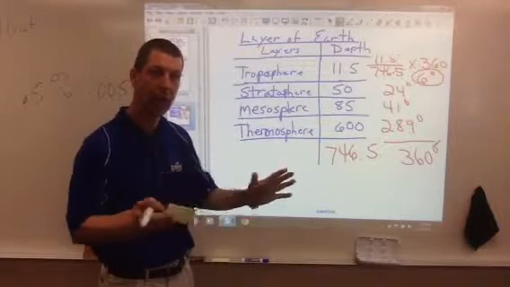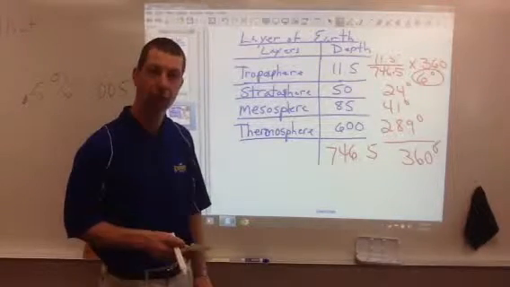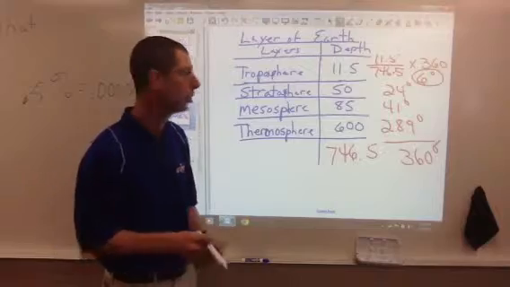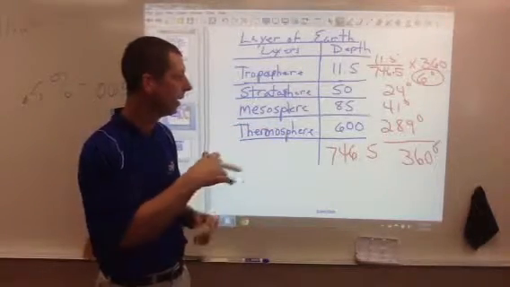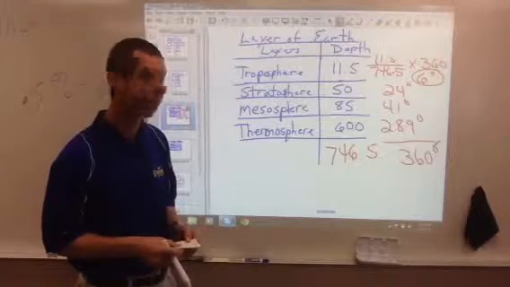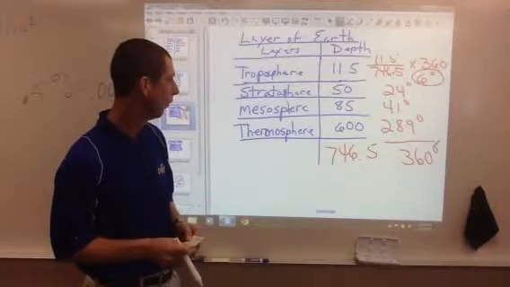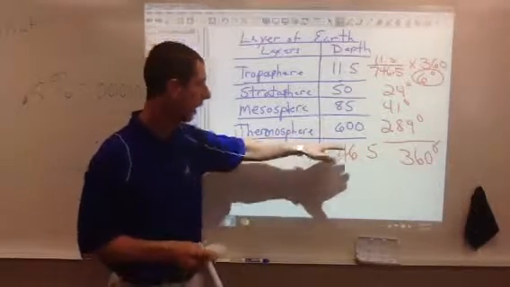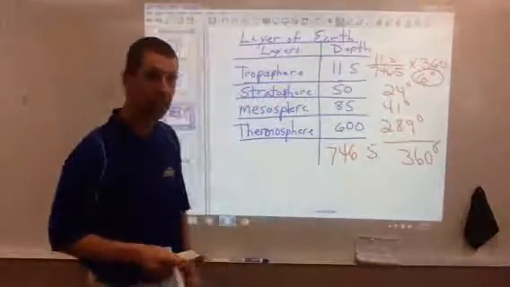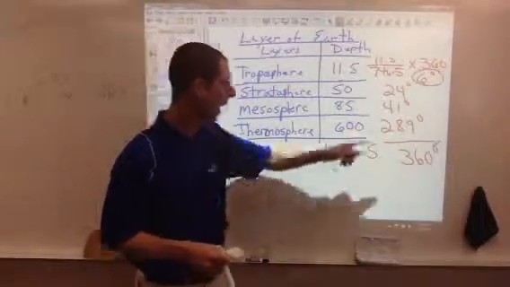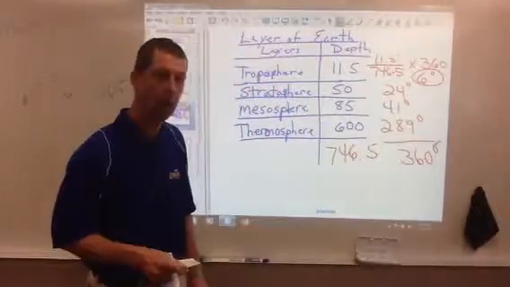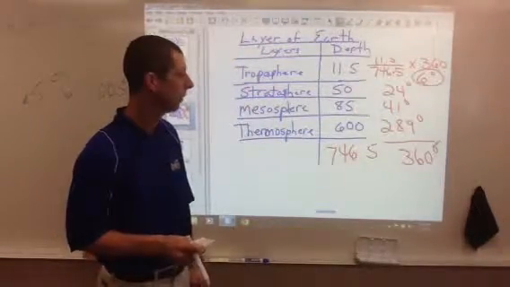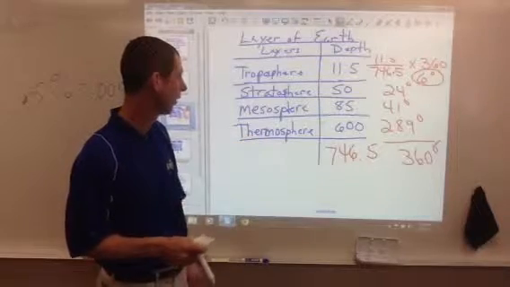A straight line, half of the circle, is 180 degrees, so you can make a real light line across your paper and then add on to it from there for something that's over 180. But what I would do is do these sectors first, and then check to see if you have 289 degrees left for the thermosphere.